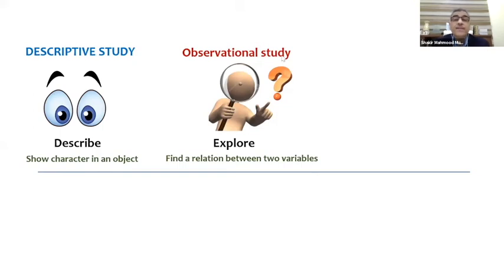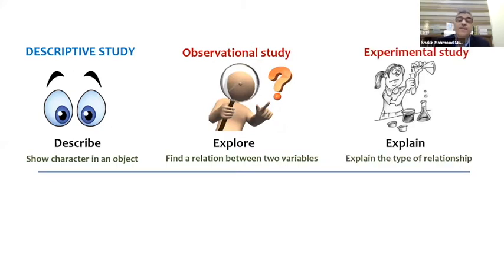The second one is observational study, when we want to explore, when we want to find a relation between variables. هذا هو observational study, while the experimental study or interventional study is the way by which we explain why things are happening.